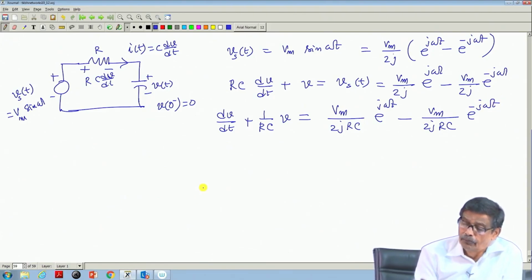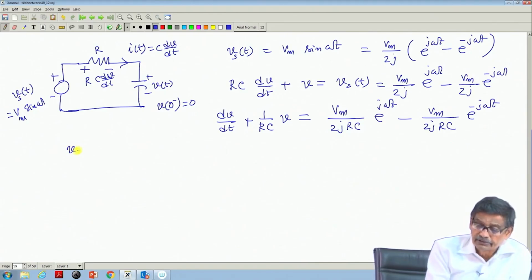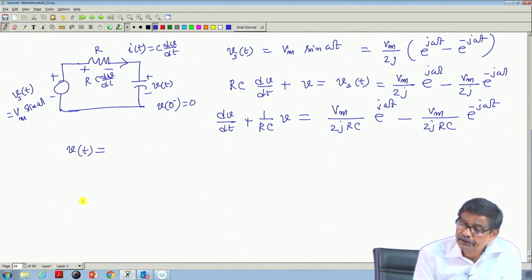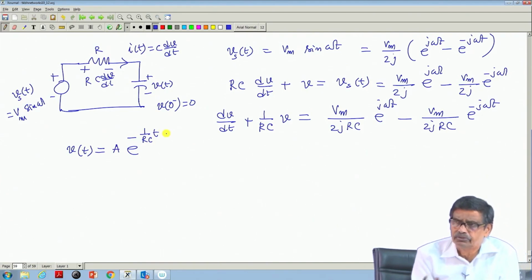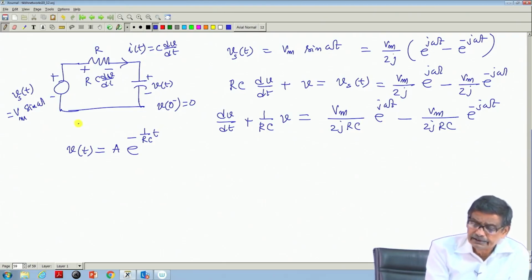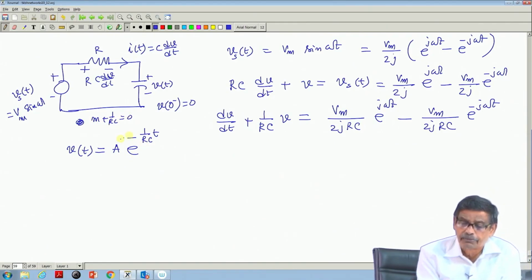Then what will be the solution? The voltage across the capacitor at any time t will include the characteristic root, that is the natural response, e to the power minus 1 by R C into t. That part you have to do. What is the characteristic equation? D plus 1 by R C equal to 0, that is all. From this you find out minus 1 by R C, that part is over.